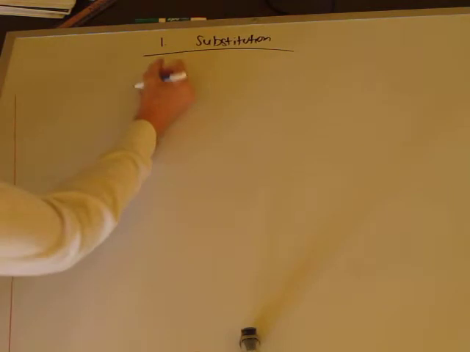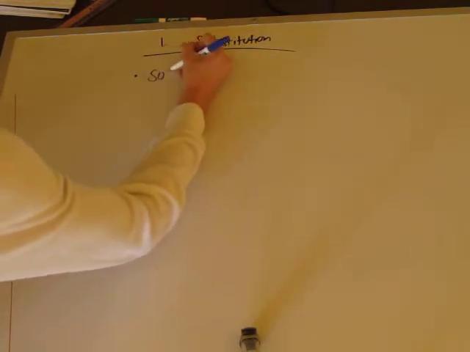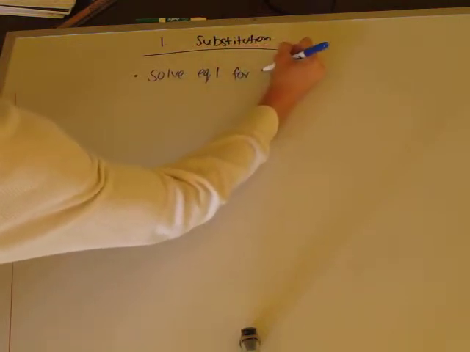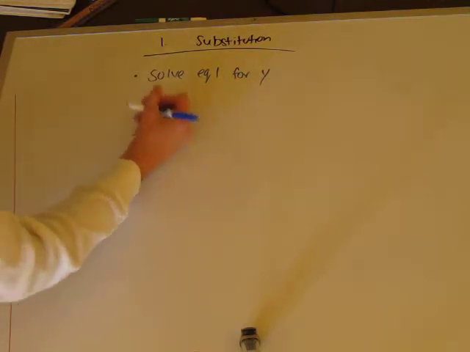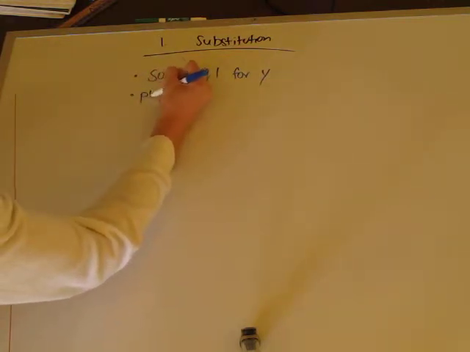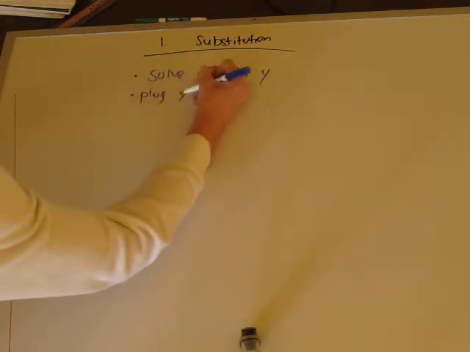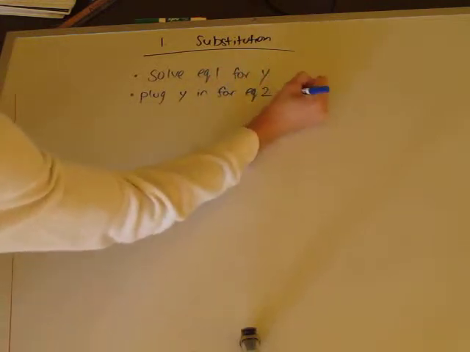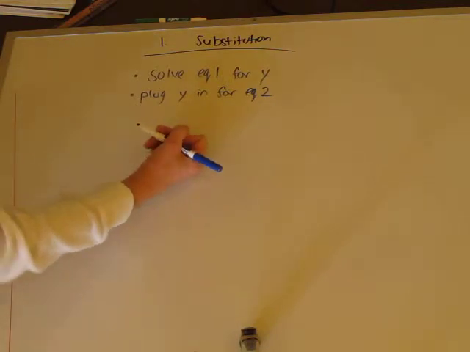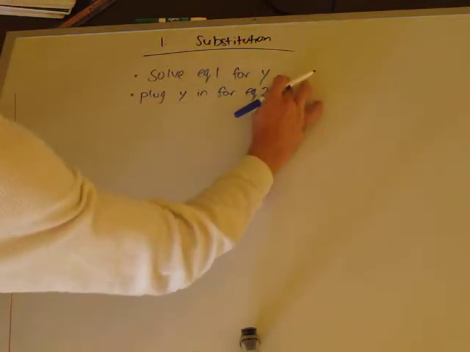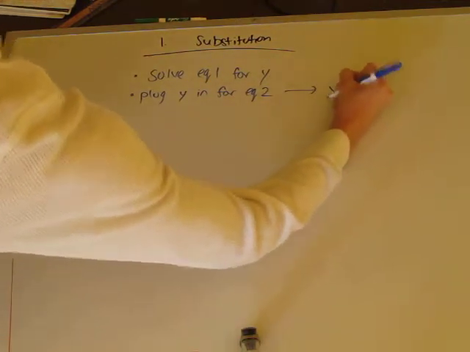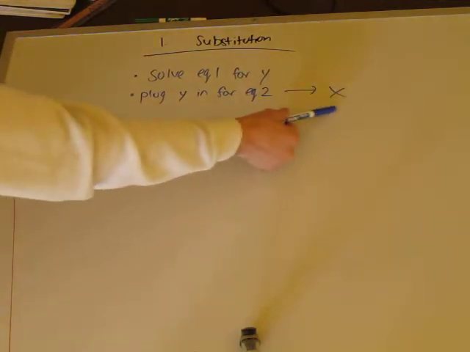The first step is to solve one equation for y. Then plug y in for equation 2. And that's going to give you an equation of only x.